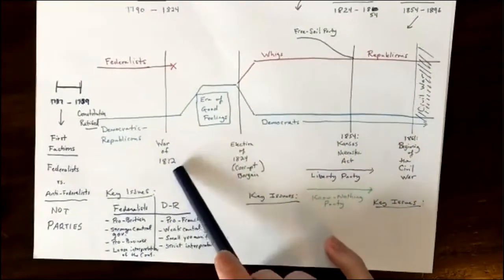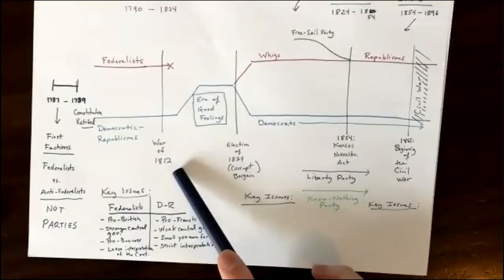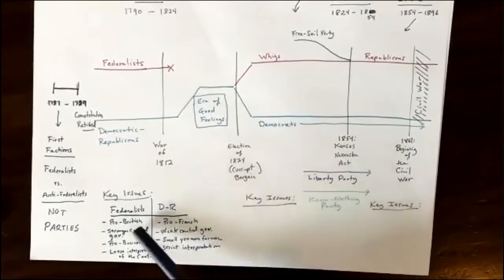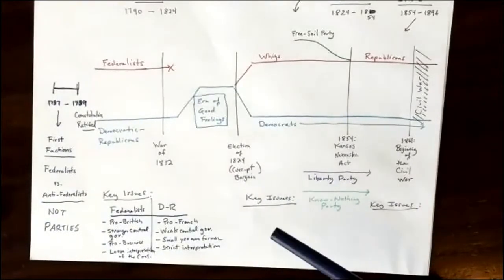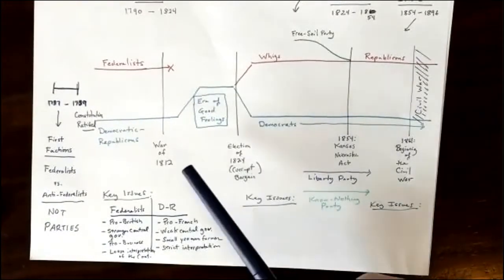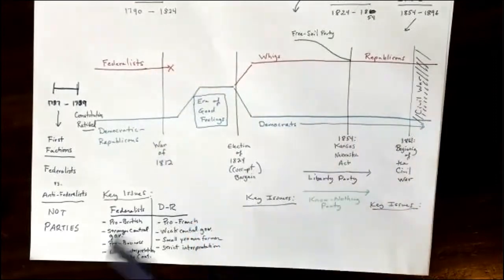Now, the War of 1812 is super important to understanding this first era because the War of 1812 did something to this political system. The War of 1812 essentially helped eliminate the Federalist Party as a major party in the United States.